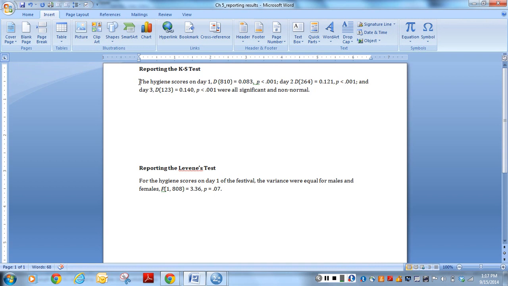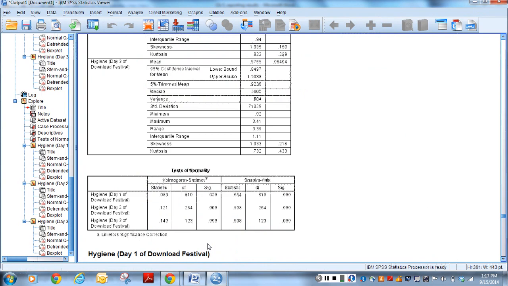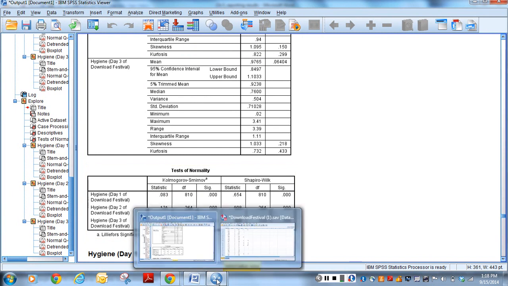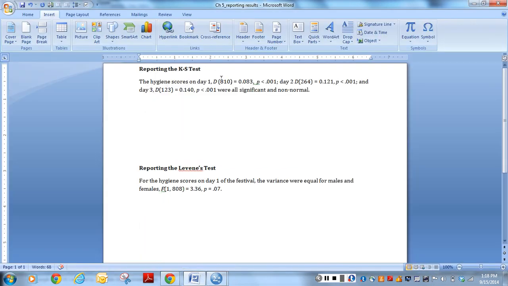We can say the hygiene scores on day one. D denotes the KS test. So going back to here, our KS statistic, we're going to use D to indicate this test statistic. So we will say D, our test statistic, and then we would put our sample size in parentheses.